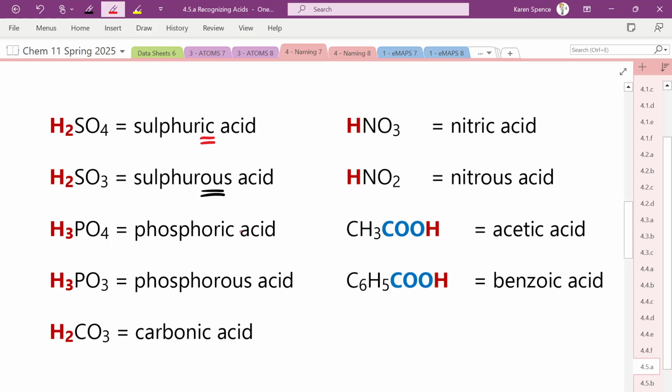So what I'd like you to do is for all these three here that all have ick, let's find out what the name of the ion is. So for this one, we have SO4 2-. What is the name of that ion? Sulfate.